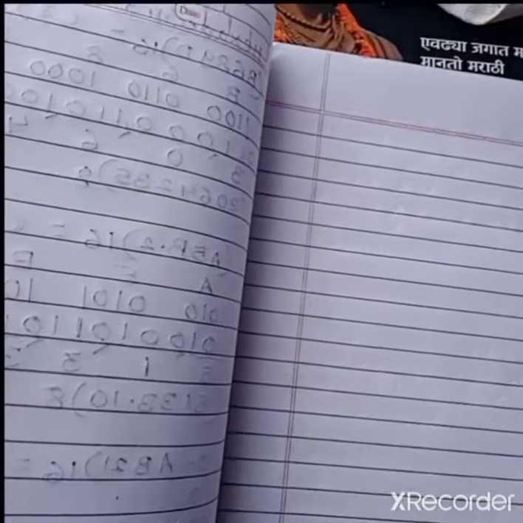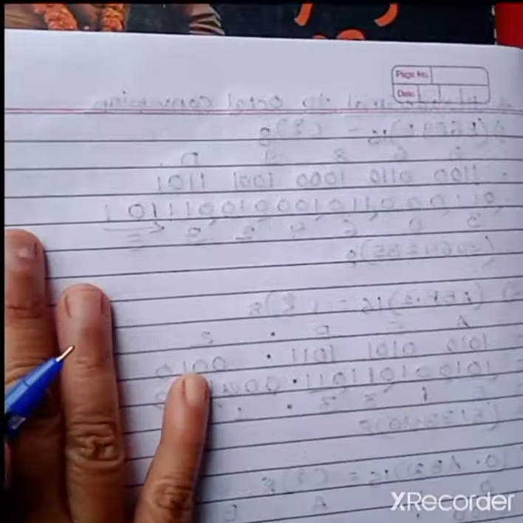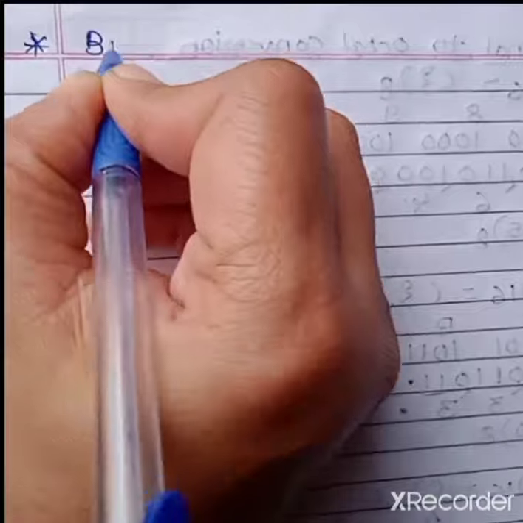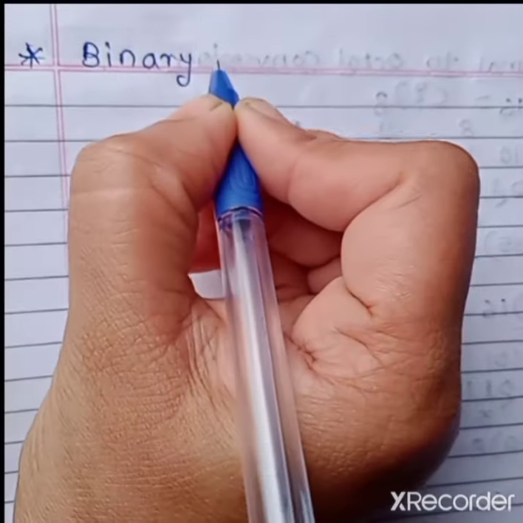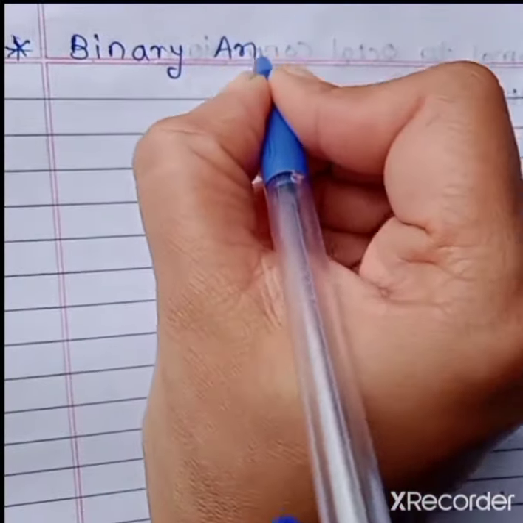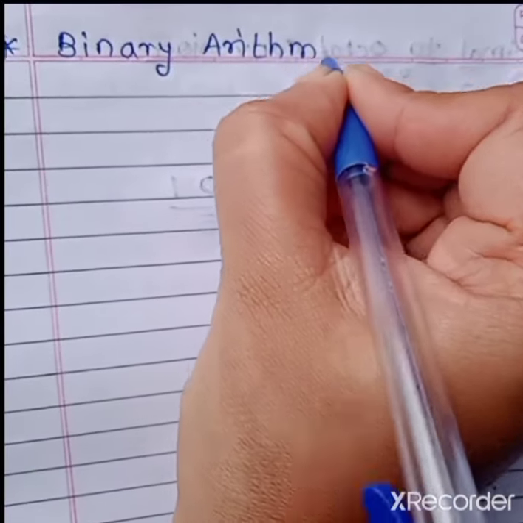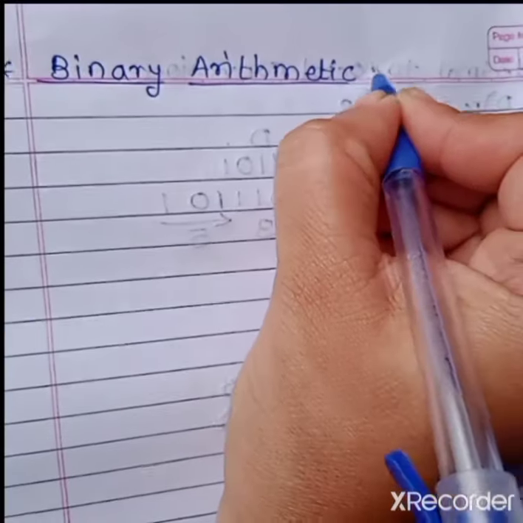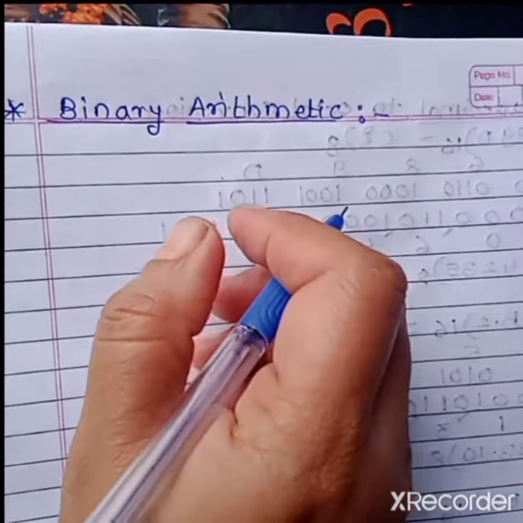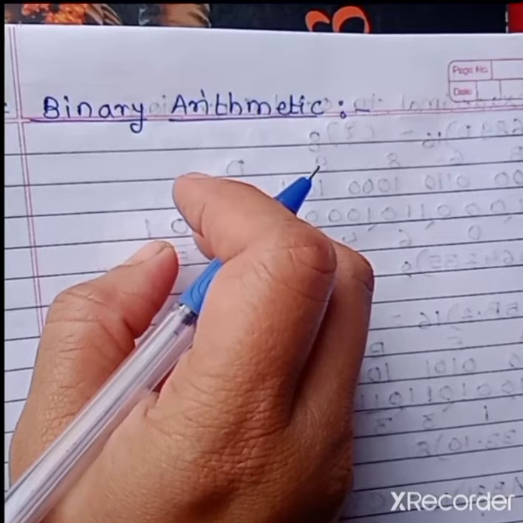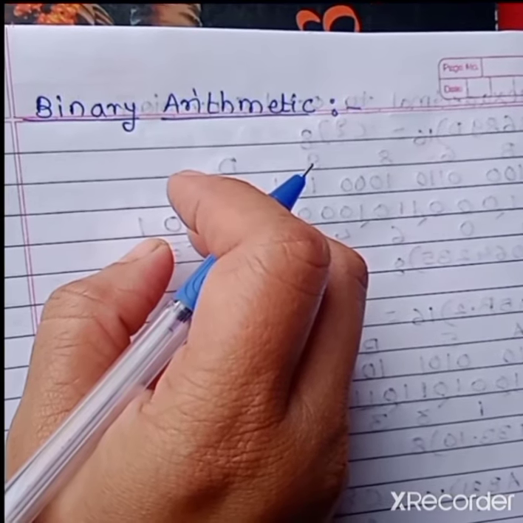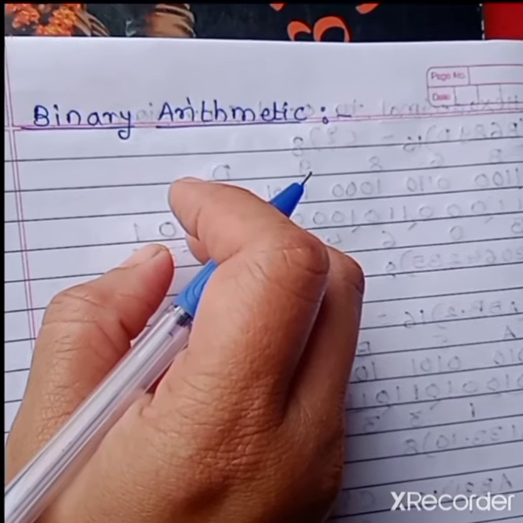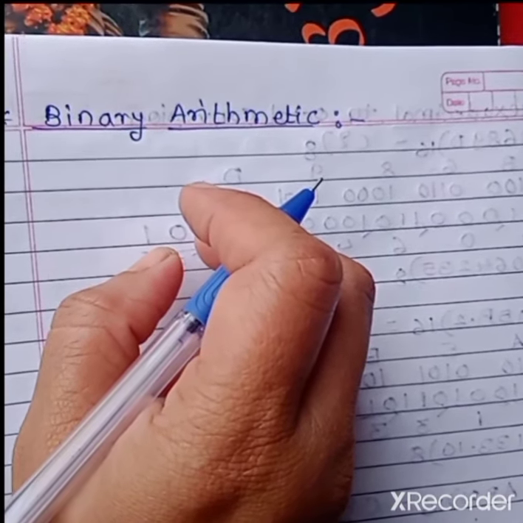to understand binary arithmetic. Binary arithmetic means arithmetic on binary numbers. All of you know a binary number is a number having only 2 digits, that is zeros and ones. A number made up of zeros and ones is called a binary number. Binary arithmetic covers operations like addition, subtraction, multiplication and division.